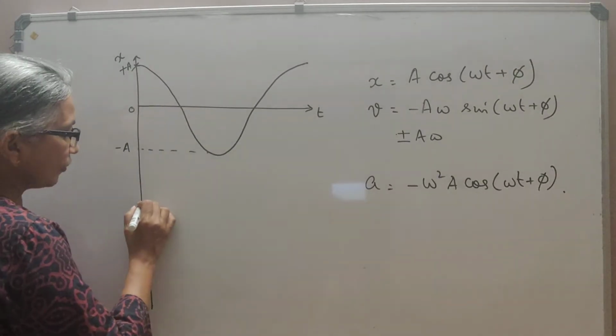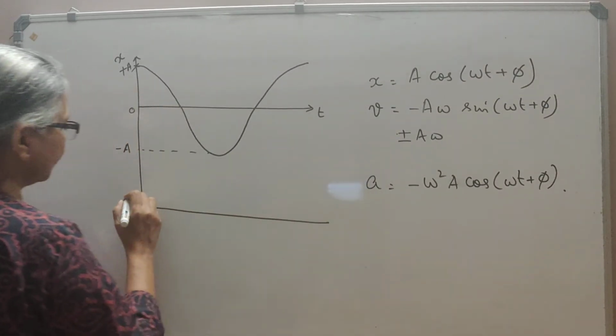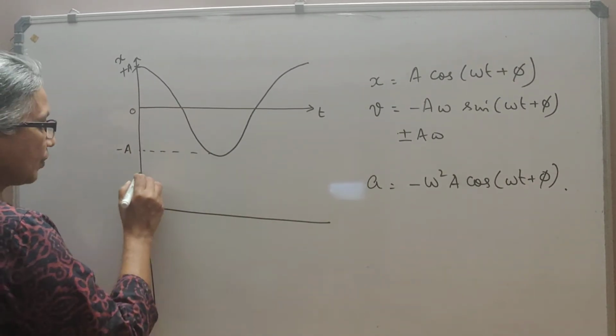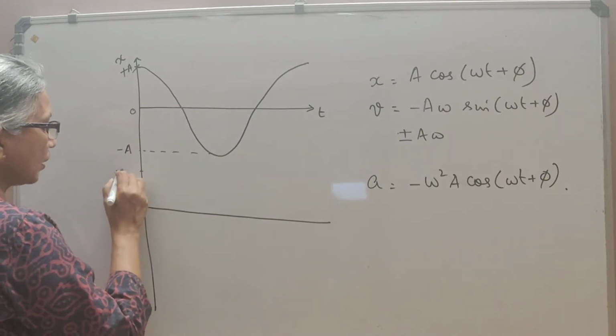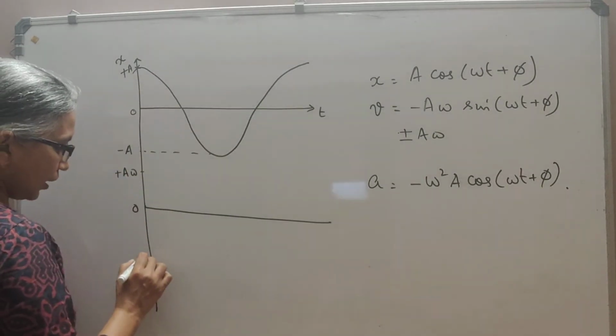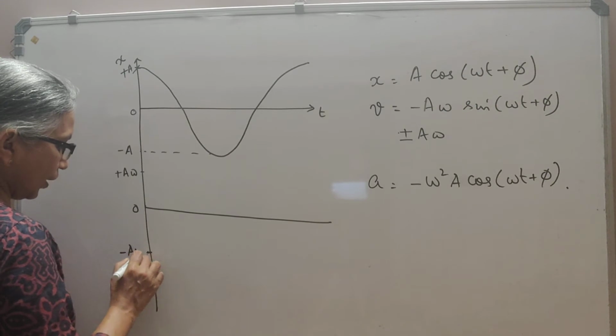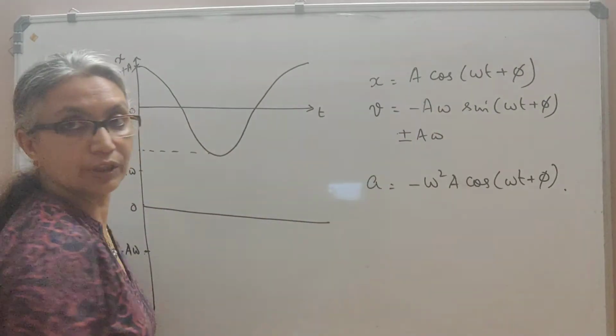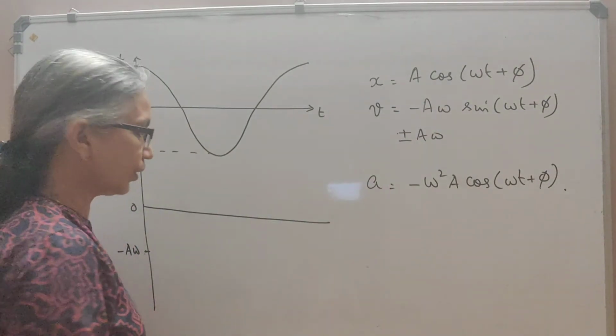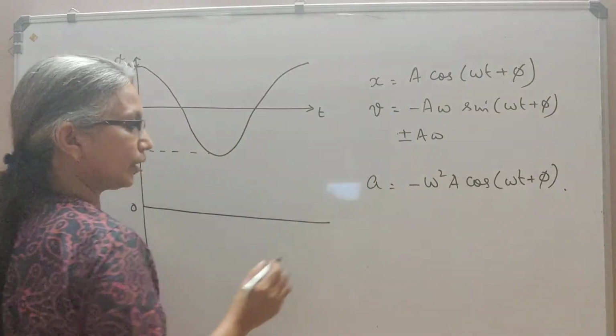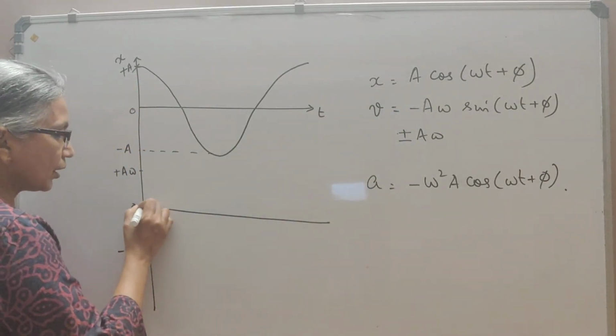Now if I am going to represent the velocity, the maximum value is plus Aω and minus Aω, but it is a sine function. So sine functions will start with a negative sign here. Initially it is at 0.